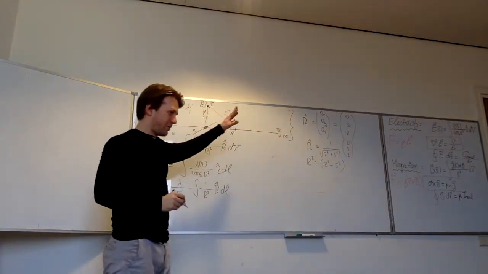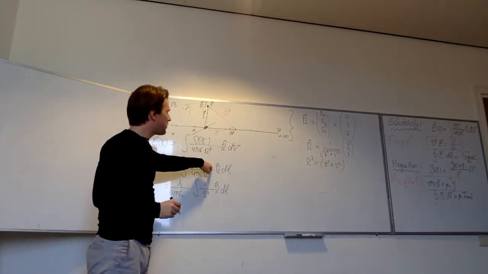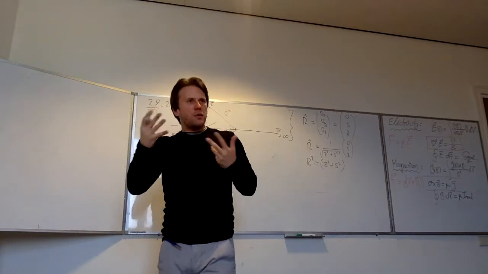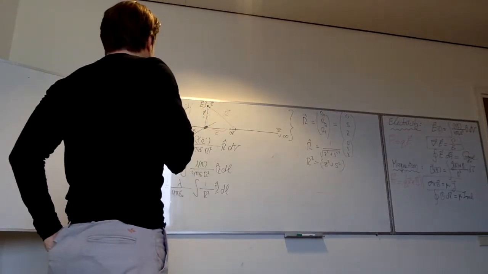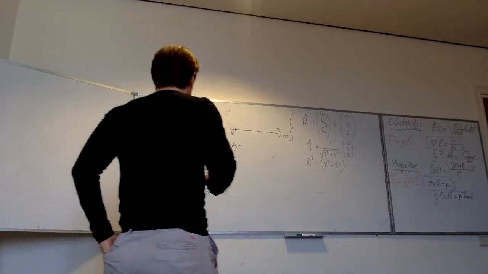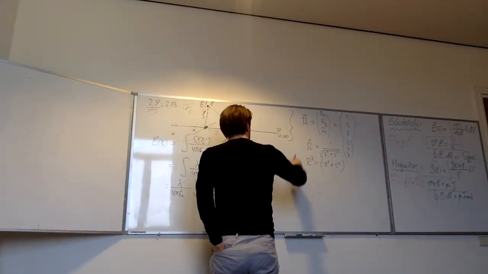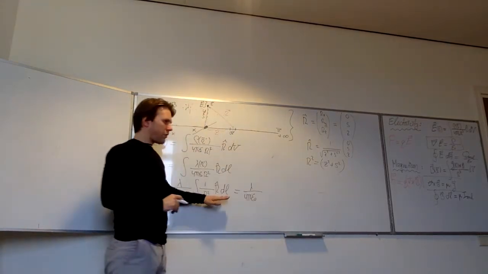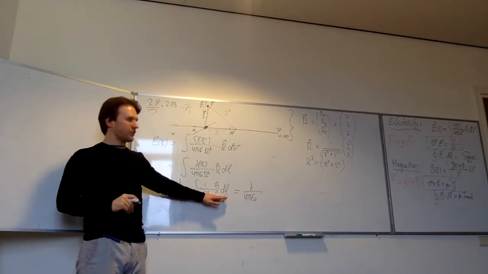So we have a dictionary now. We can relate our capital R to the s's and z's of our picture. So we should now be able to write down the answer to this integration. Let's plug our dictionary into the equation here, or Gauss's law. These are 3 equations, by the way, 3 integrals.